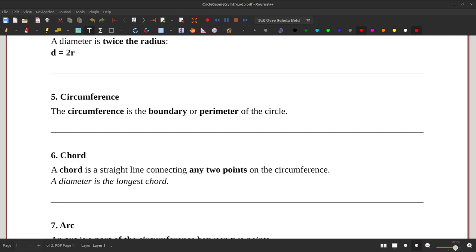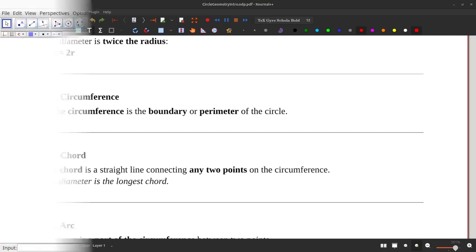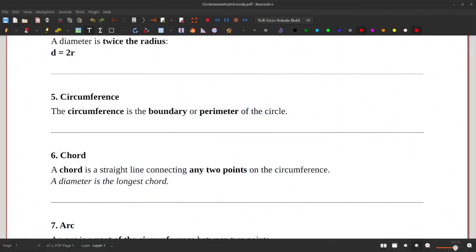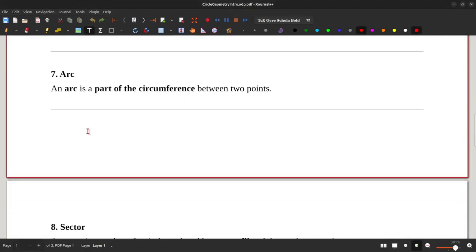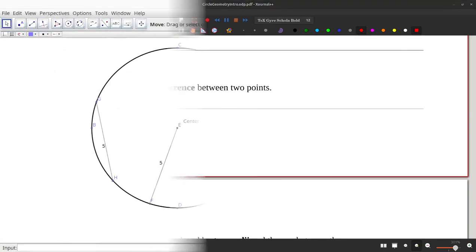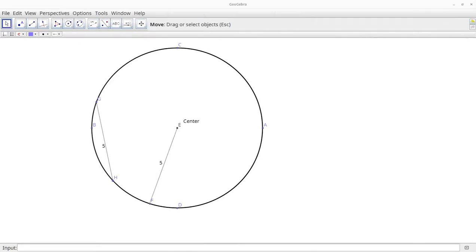Now let's check what is an arc. An arc is a part of the circumference between 2 points. A part of the circumference between 2 points, we call that an arc.